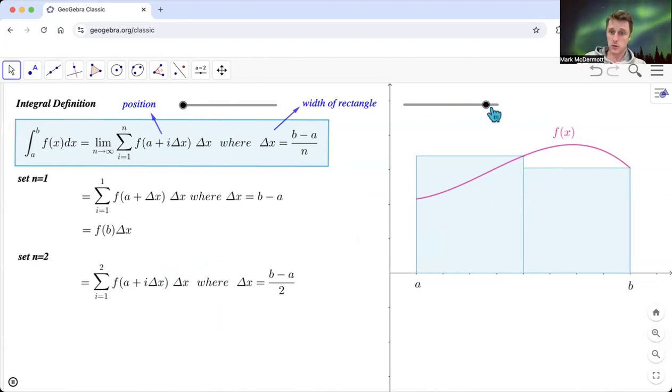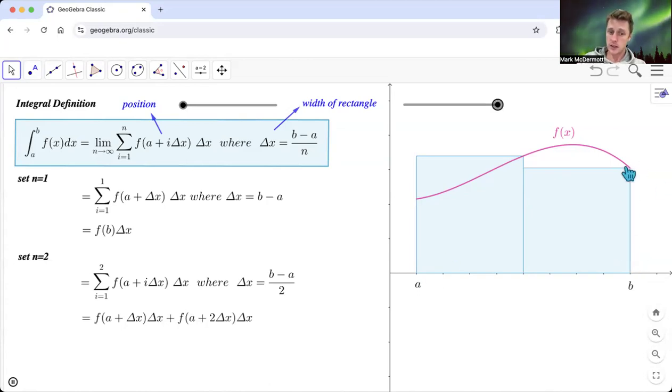So let me show you what the final line is here. That's this first part, right? So we take a plus delta x. That i is a 1 in the first instance, okay? Because we've moved one group of delta x across from a. And then in the second instance, we're going to move two groups of delta x across from a.